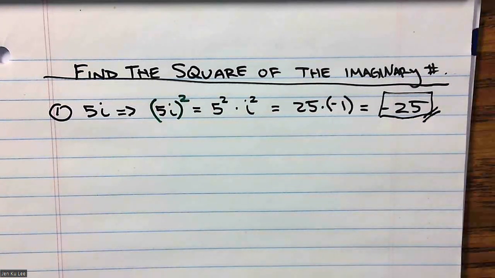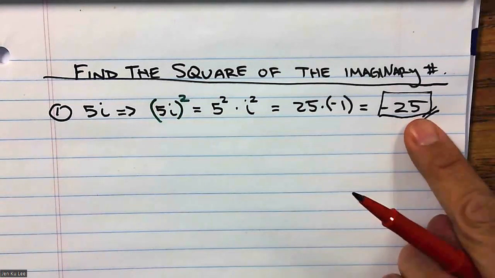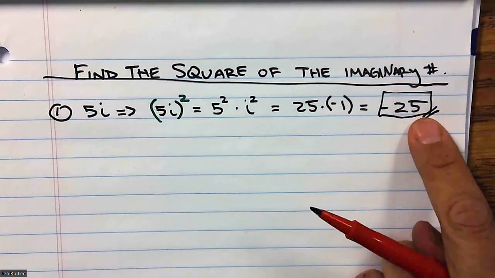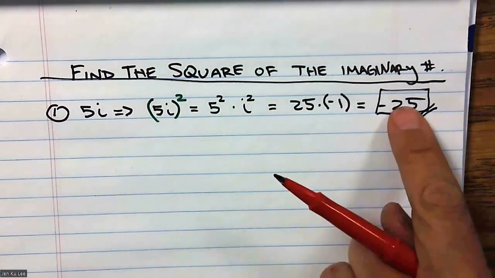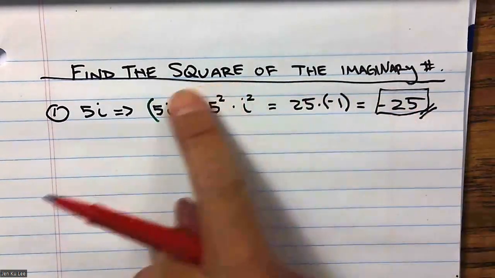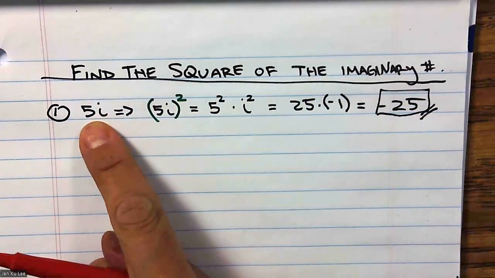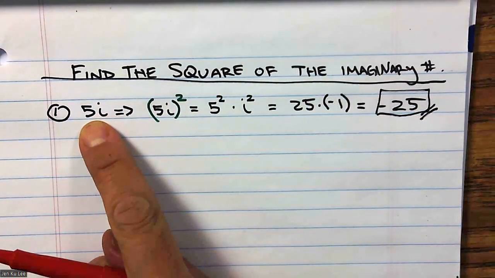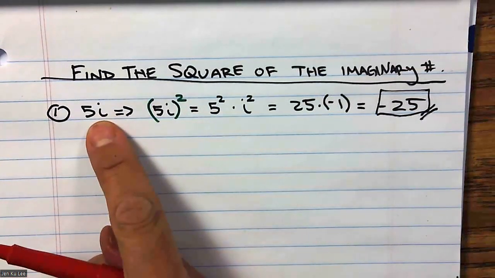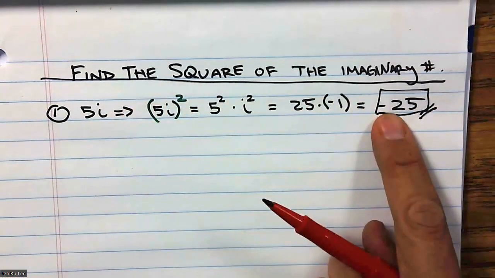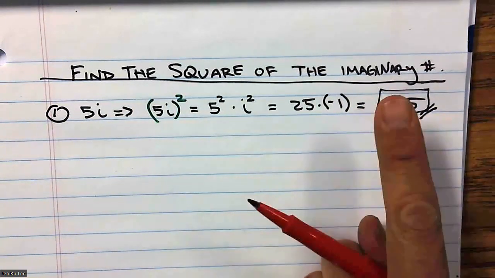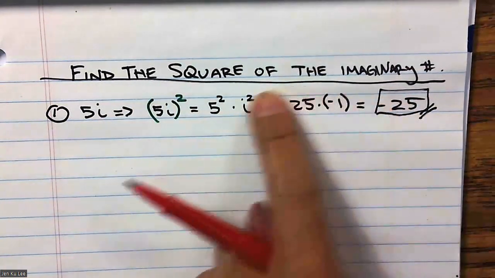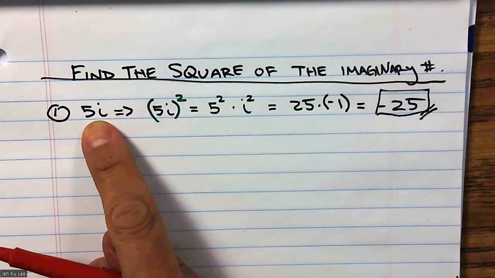If square roots and squares are inverse operations, hypothetically, if I take the square root of my answer, and notice that I just squared it, I would have to end up with 5i, correct? I just squared 5i to get negative 25, right? So if I square root this negative 25, then I would have to get 5i. Does that make sense?